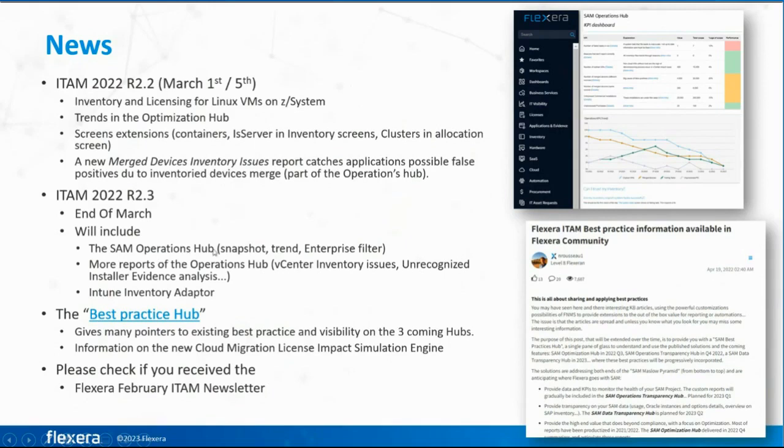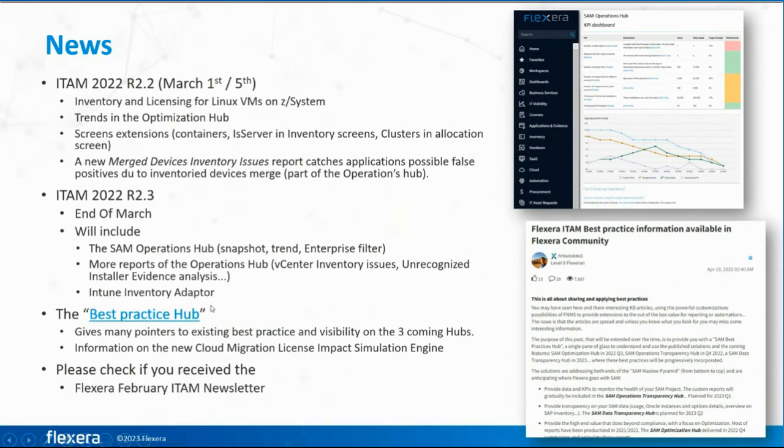So these are the reports. And we will have an Intune inventory adapter coming at the end of March. And more things that I will share in the next SAM best practice webinar, but these are the main things I wanted to share. And next topic, the SAM best practice hub.